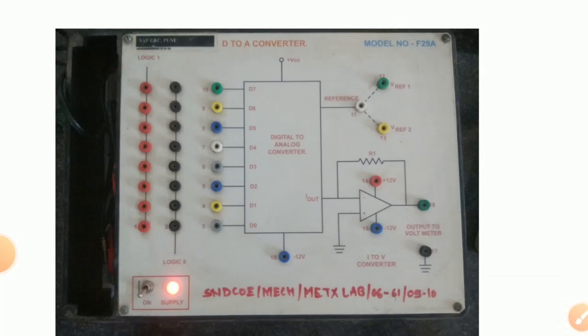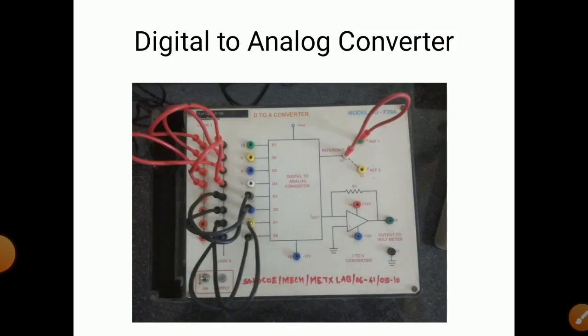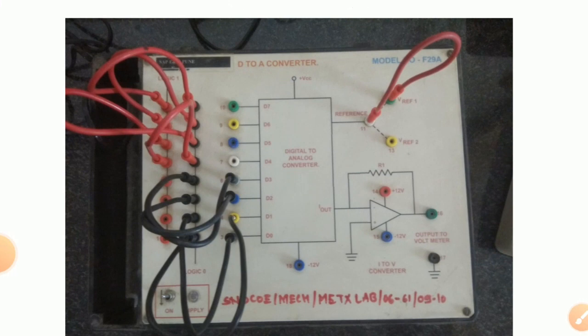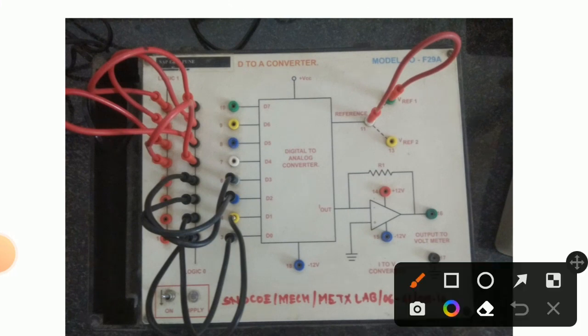Now next, check the setup here. We have selected V reference 1 as an input supply. The wire is connected here, V reference 1 is the input supply. And now logic 1 and logic 0 are selected.